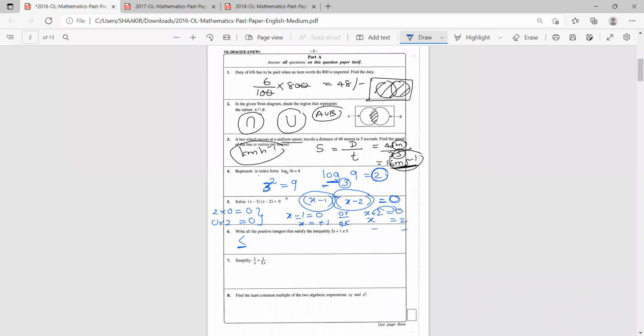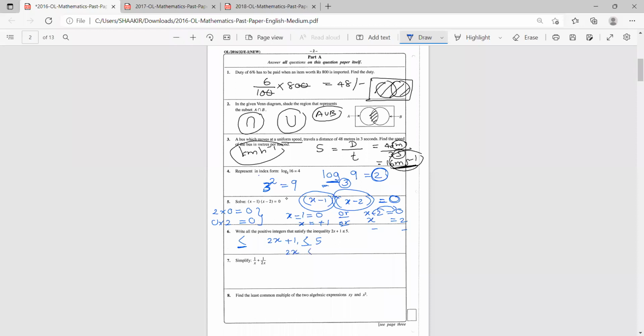Now you have to simplify. First you have to find the value of x. Just like in the equation, you all know how to do the equation, no? Just like that. So here 2x plus 1 less than or equal to 5. Now we'll take this plus 1 to the other side, so it will become minus 1.